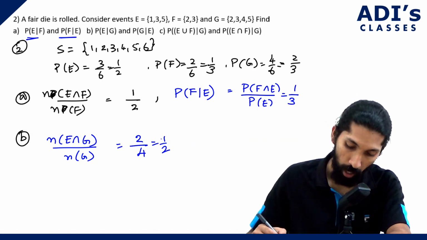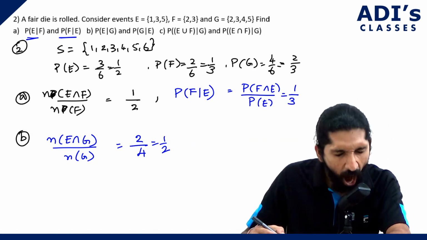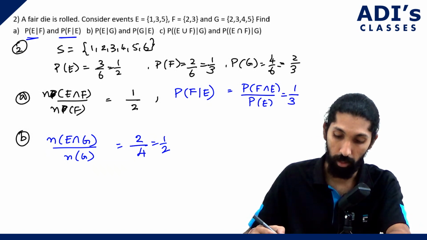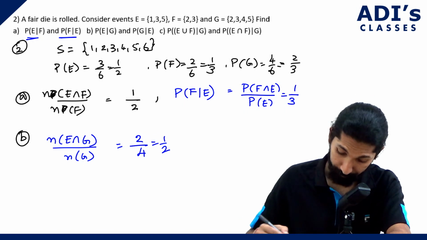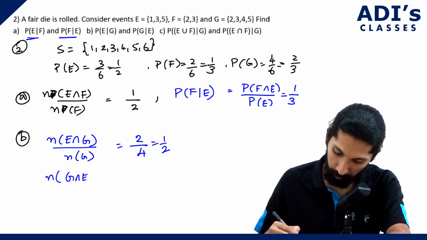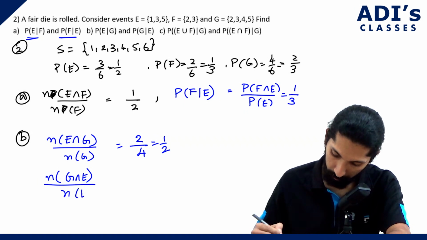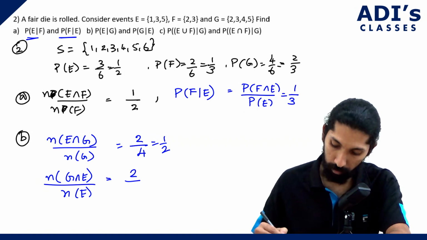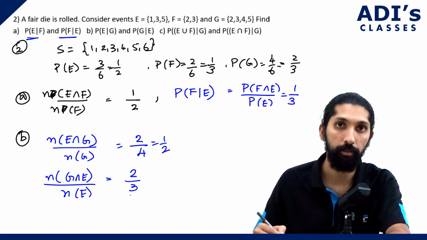Same way, P of G given E. That's going to be n of G intersection E divided by n of E. This is going to be 2 out of n of E is going to be 3. So that's 2 by 3.